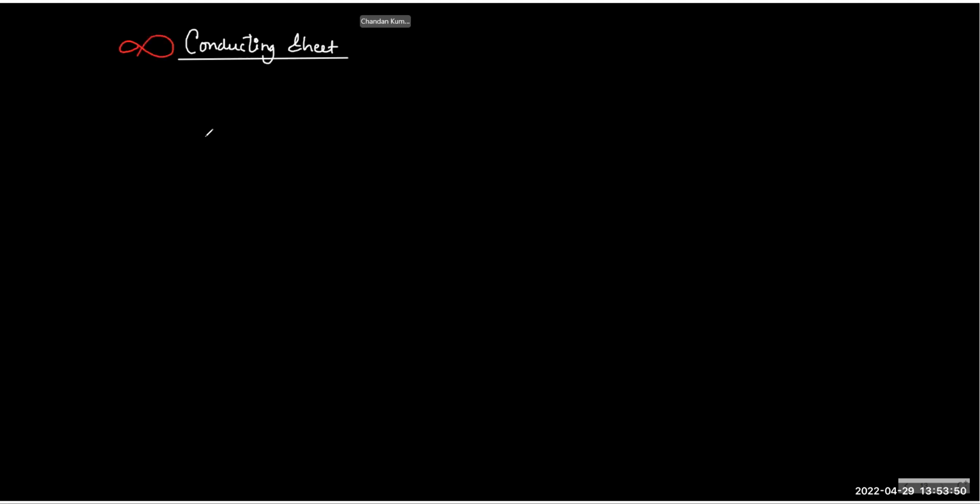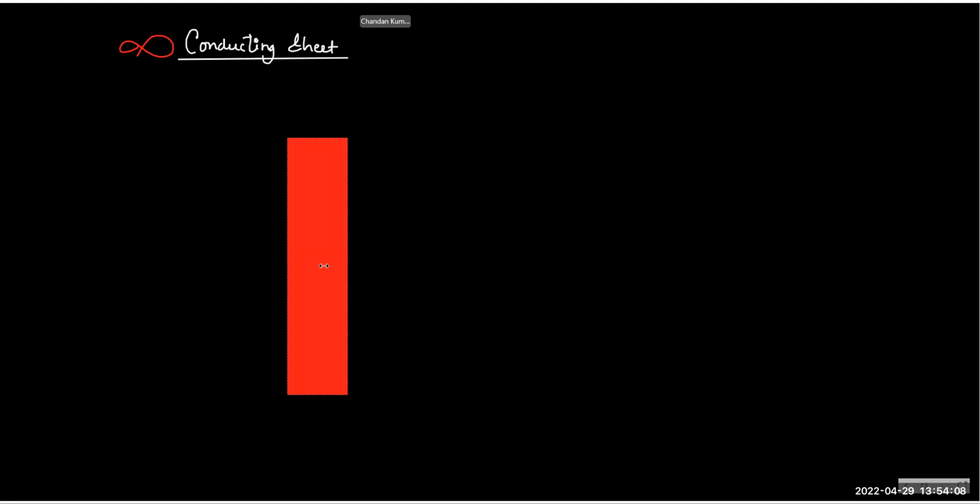If you have the infinite conducting sheet, then okay, I will not draw the sheet that way. So I'll just, this is the sheet. This is the thin sheet. But if I zoom, it will be better for you. I will just make it thicker like this. Intentionally, I'm doing it intentionally.